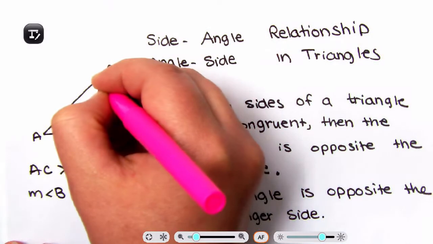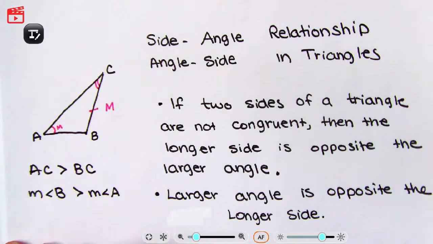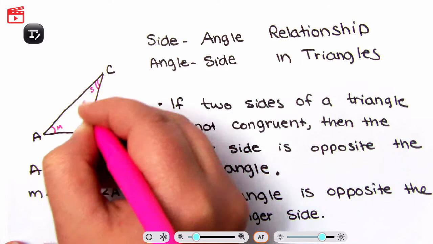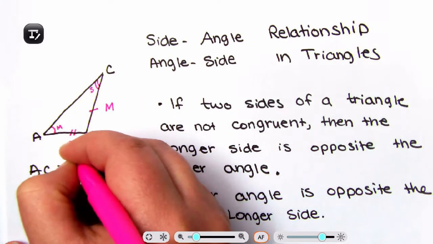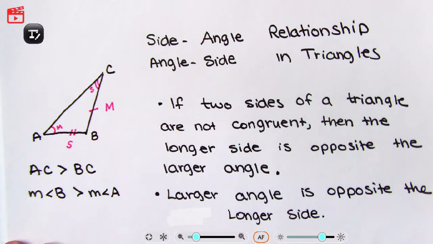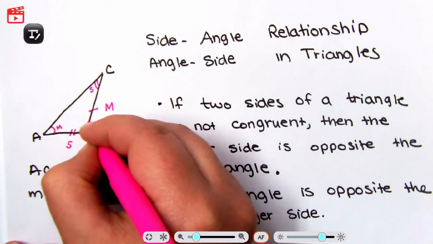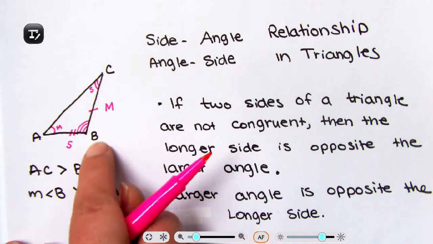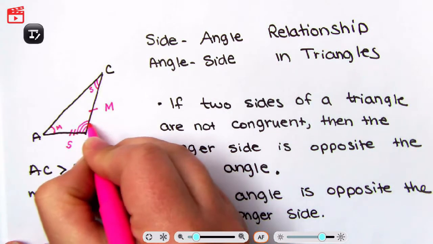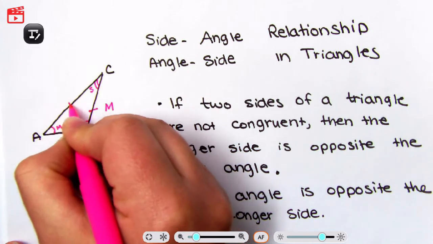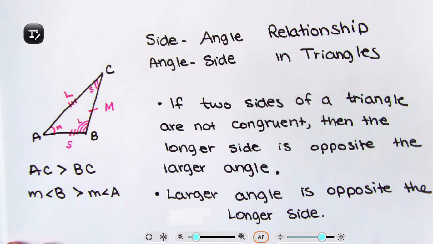If this angle is the smallest angle, I'll put S here, then the opposite side is the smallest side. And if this B is the largest angle, I'll put an L here, that means the opposite side is the largest side.